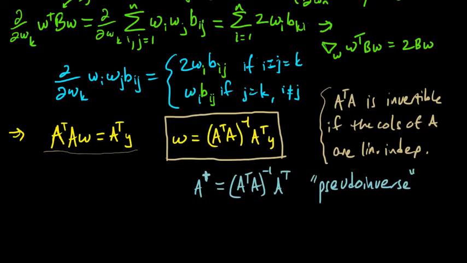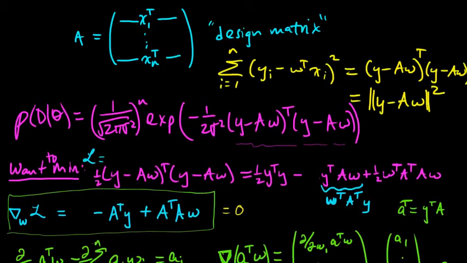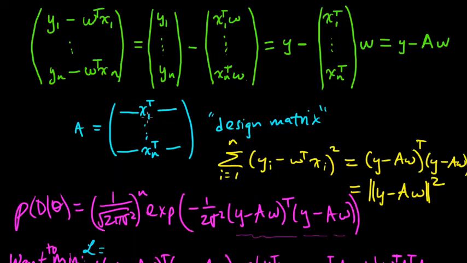The problem is A is not invertible because, where's A? There's A. A is this design matrix thing, and there's n rows, so it's n by d, because each of our input points was in d-dimensional space. And this isn't even necessarily a square matrix.